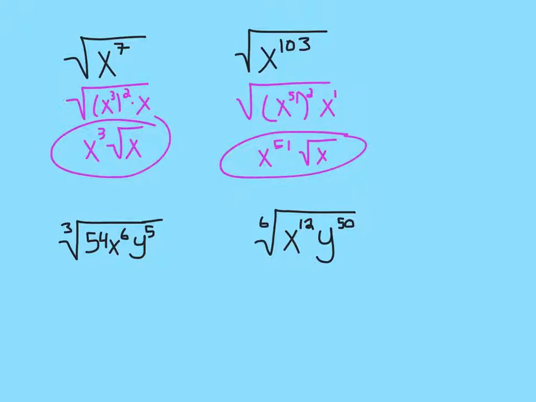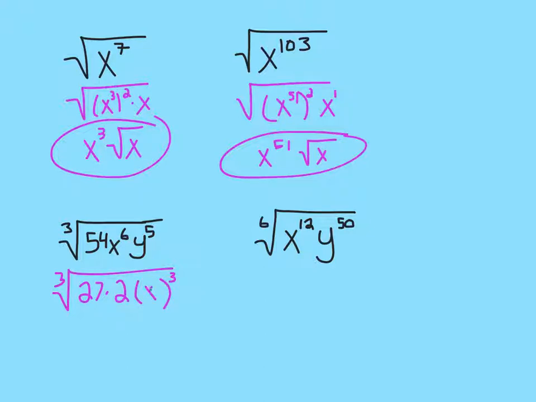When you get to higher indexes, such as a cube root, again, the same principles apply. 54, I know, is 27 times 2. I would always think about what is the largest perfect cube factor that goes into 54. Then I'm looking for cubes for x to the 6th.